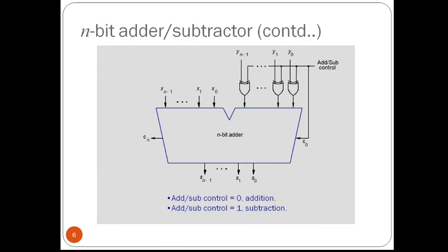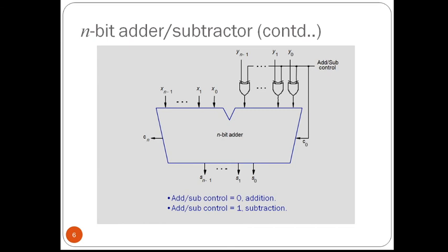When the add or subtract control line is set to 1, the y vector is complemented, that is each bit is complemented by the XOR gates, and C0 is set to 1 to complete the 2's complementation of y.